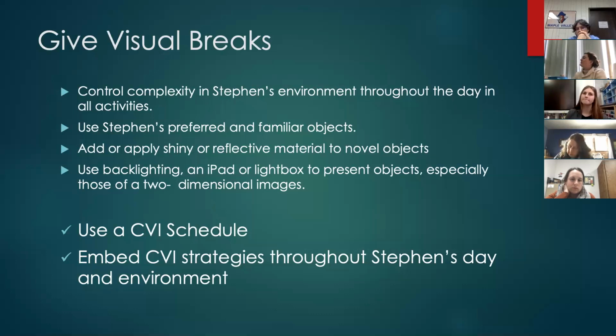It's probably not going to hurt the other kids any, but it will help that kid with CVI a lot. And to the folks that are doing speech language, OT, PT, these are all suggestions that can be used when doing those activities with a student and getting them to maintain visual attention.